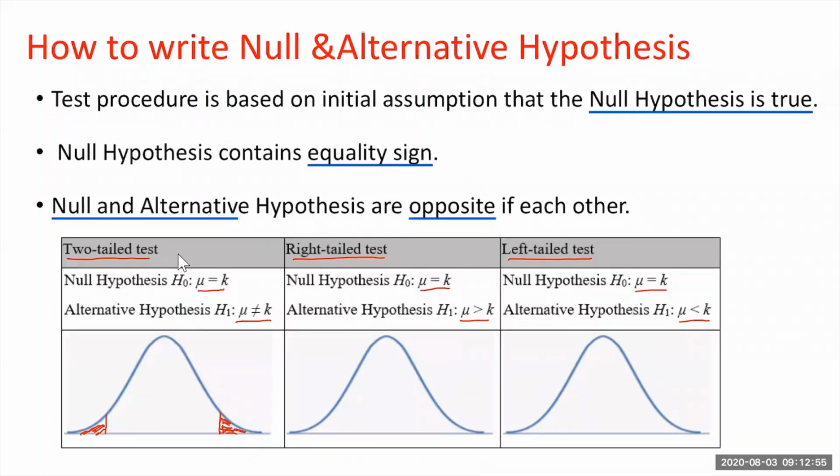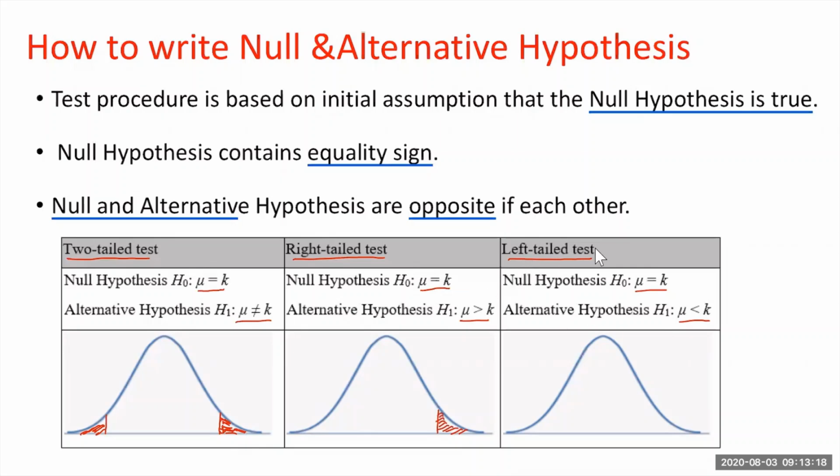Okay, that is a two-tailed test. Now, here you can see the alternative hypothesis is greater than. On the x-axis, the greater values are on the right. That's why this is the right-tailed test, so your area is on the right tail.